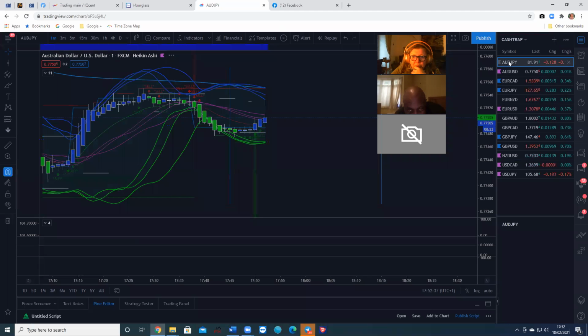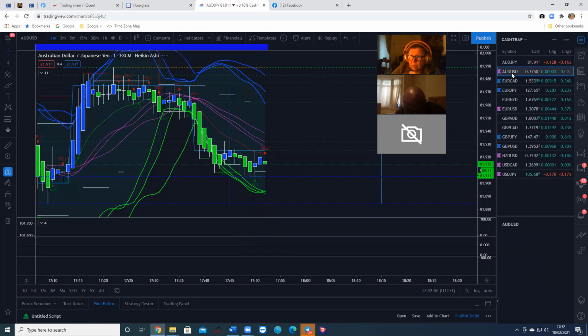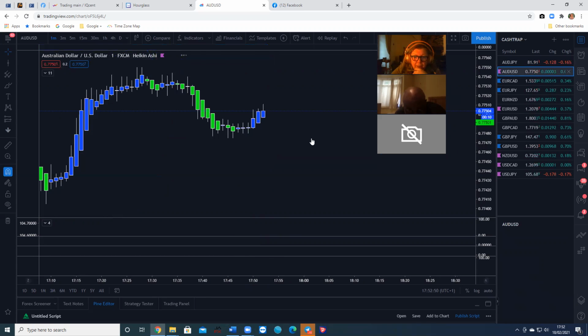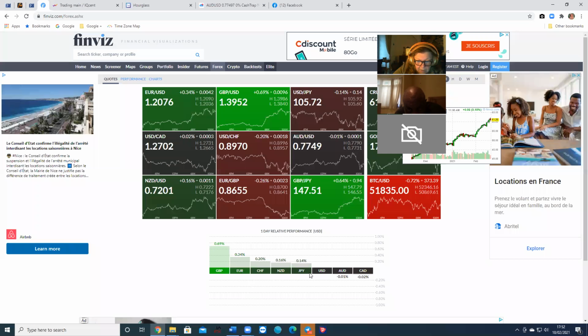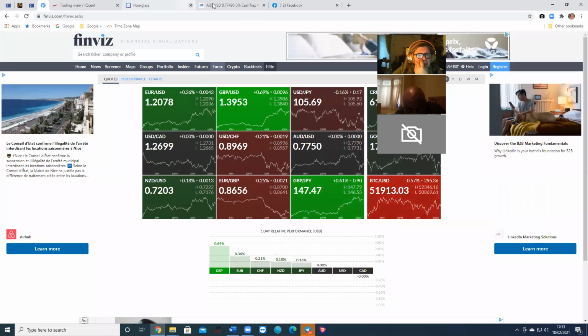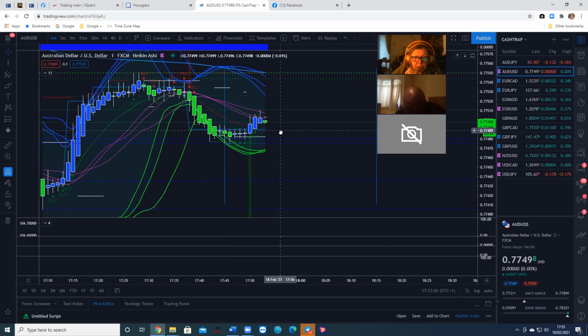So AUD JPY, I'll tell you what I see. I see nothing here at the moment, never mind whether it's buying or selling, because it's not on the Bollinger Bands, it's not off the moving averages, it's just sort of in the middle. I don't want to look at that. AUD USD, it's coming off that middle there, but is the AUD... Australian dollar and New Zealand dollar are very similar in terms of currency strength meter.